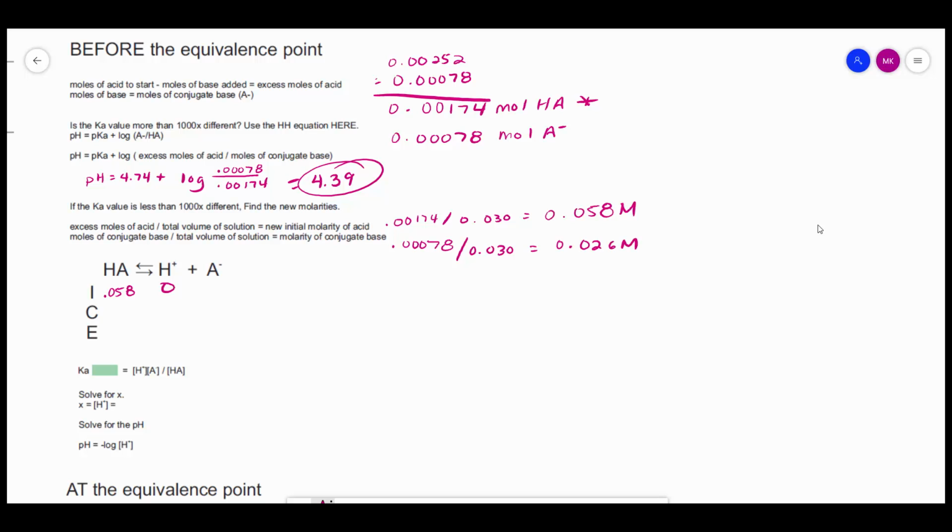That makes sense. So now I'm going to take some away from my HA so that I can give it to my H plus and my conjugate base. Now I'm going to fill in the Ka, and I'm going to go through the quadratic expression.